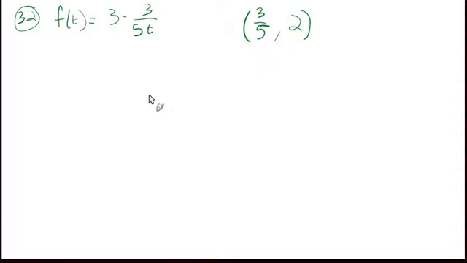Okay, we could do the whole limit thing and plug in 3/5, but of course you don't want to do that, because if we do this instead, f prime of t, then we can just take the derivative of this minus the derivative of this thing.